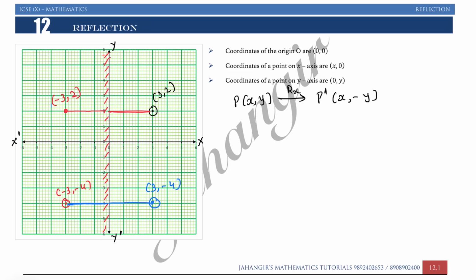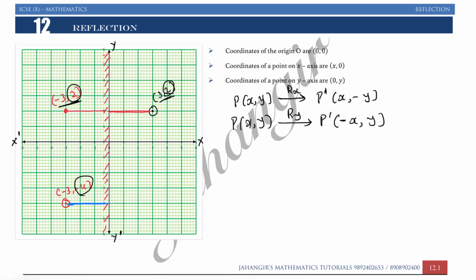So as you notice, when you reflect any point in the y-axis, its x coordinate changes sign. See here, 3 comma 2 becomes minus 3 comma 2. The y coordinate is always the same when reflecting in the y-axis, and when reflecting in the x-axis, the x coordinate is always the same.